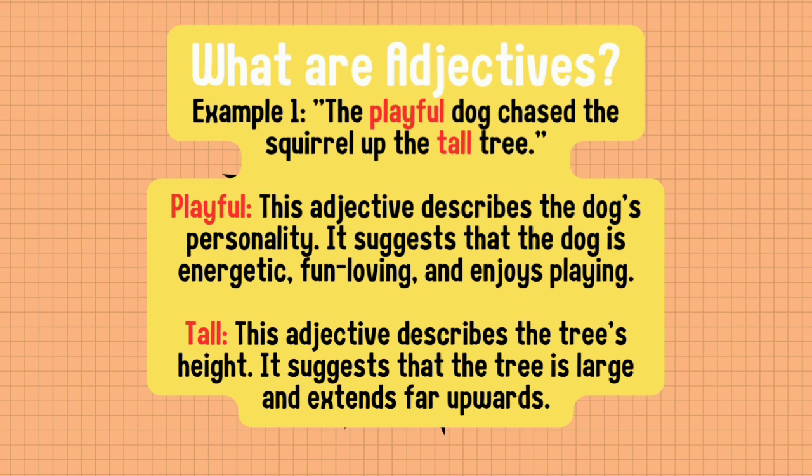As we already learned, adjectives are like crayons for the words. They help us to describe the things in more detail. In this way, the adjective playful describes the dog's personality.